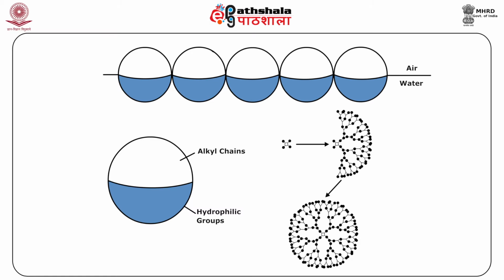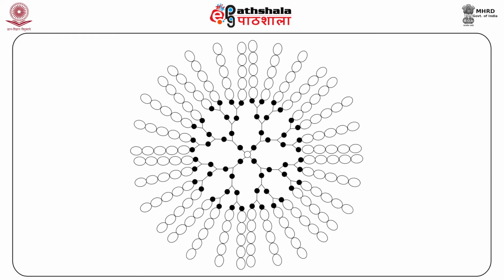For the synthesis of amphiphilic block type dendrimers, the hydrophilic groups and hydrophobic groups are introduced separately. This type of dendrimer forms a monolayer on the surface of water. Now you can see this in this figure, the structure and synthesis of a block type dendrimer and a schematic description of a block type dendrimer monolayer on the surface of water. Now coming down to the star shaped dendrimers.